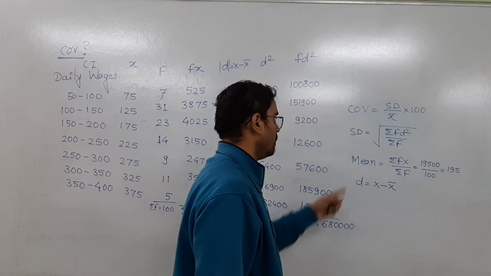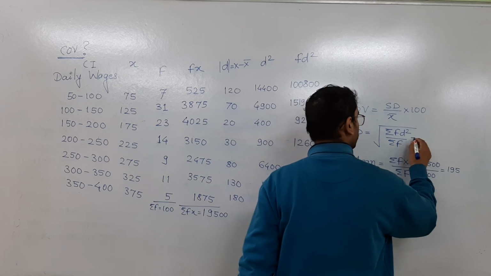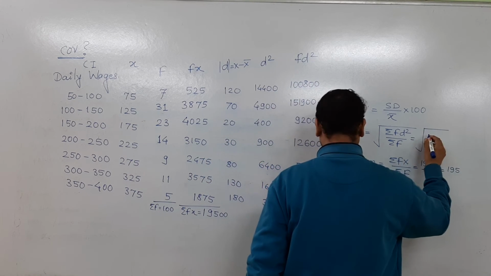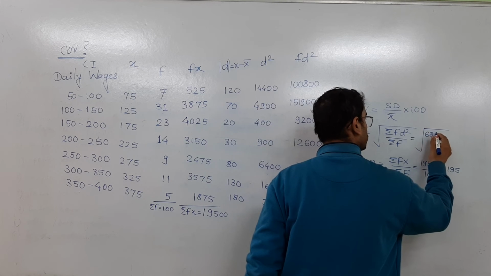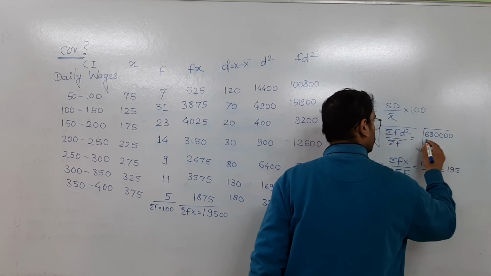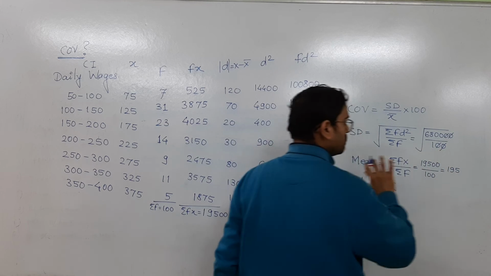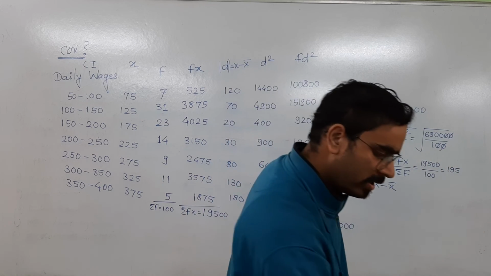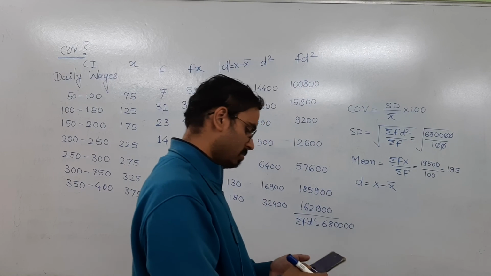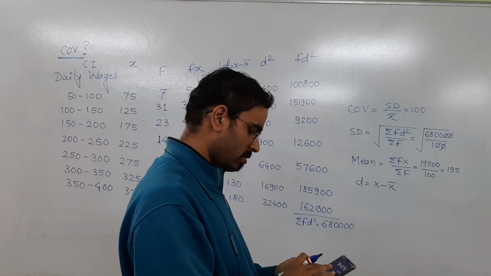Okay, just put that value here. What will we get? Under root of 680000 divided by 100. The zeros will be cancelled. Just under root of 6800.